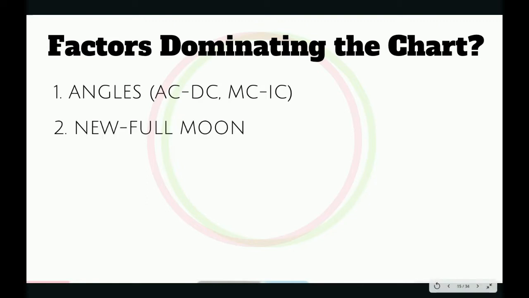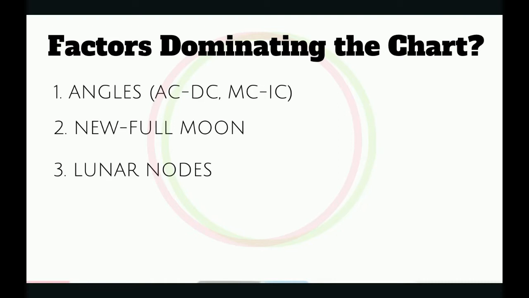The sun and moon are, of course, important, but if the moon is new or full, then that's a very potent energy in a chart. The lunar nodal axis, the south node, communicates what the client has digested and assimilated and mastered on an emotional level as a past life theme.